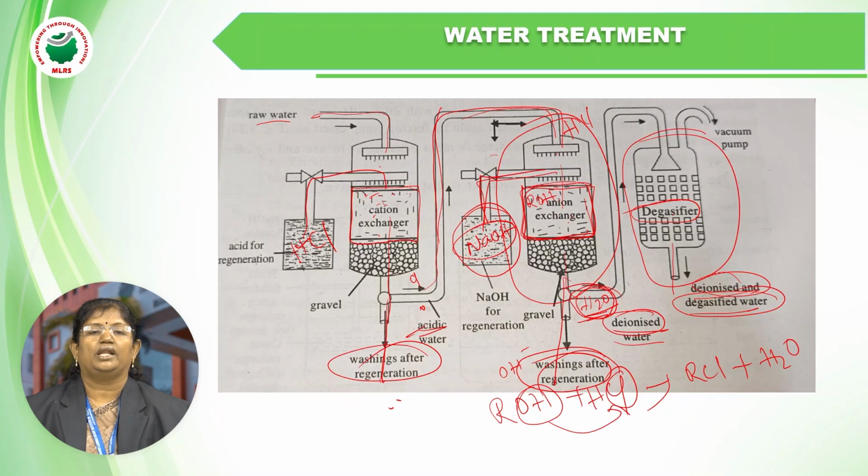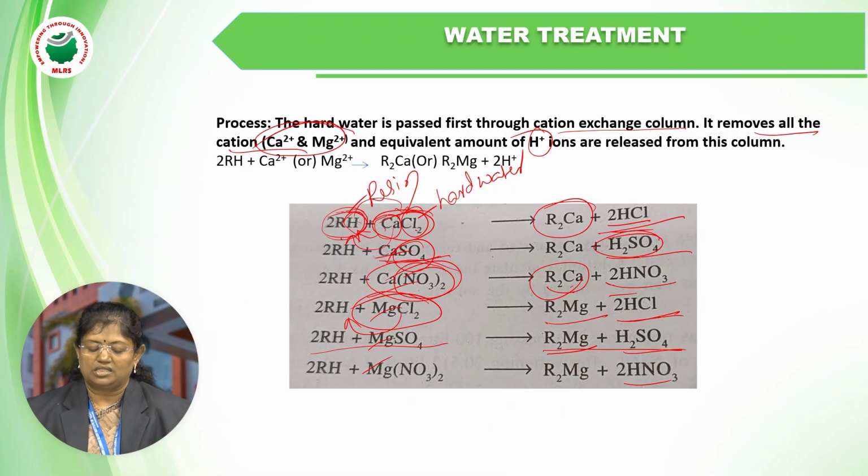It is called regenerated, meaning activated. The activated resin is ready for the further exchanging process. That is why these two chambers are used here. This process is called regeneration.